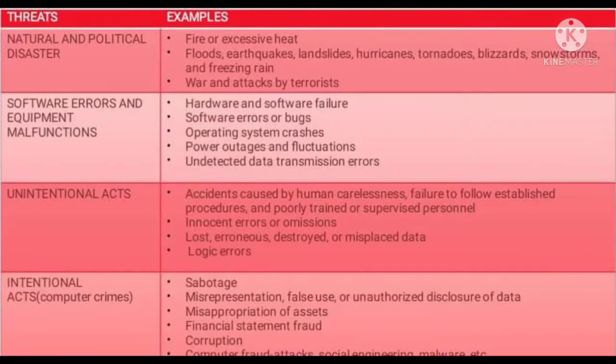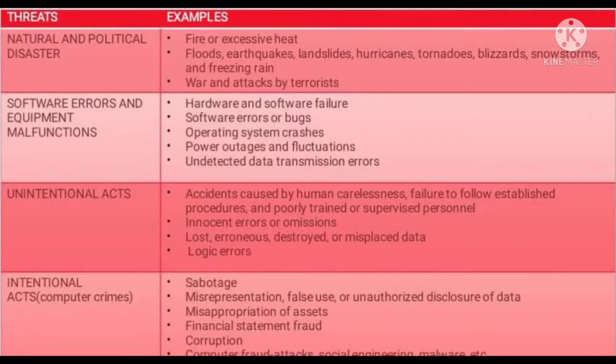The third threat to accounting information systems is unintentional acts. Unintentional acts such as accidents or innocent errors and omissions are the greatest risk to information systems and cause the greatest dollar losses.